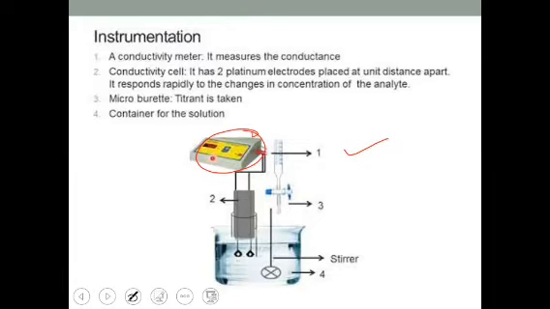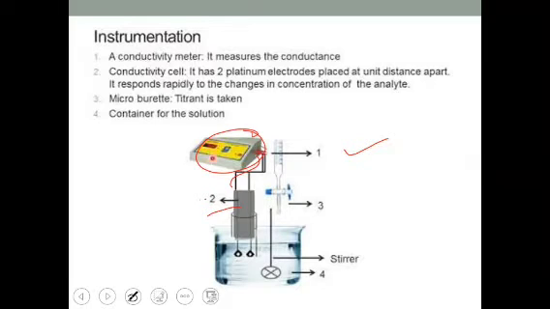The second one is the conductivity cell. It has two platinum electrodes placed at a unit distance apart, and it responds rapidly to the changes in the concentration of the analytes. That is a specialty of this conductivity cell, and it is connected to the conductometer.